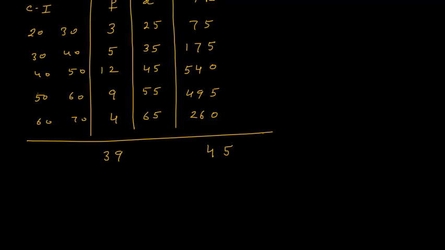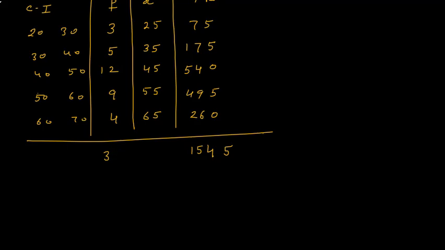Okay, now the frequency once again, let us cross check. 3 plus 5 is 8, 8 plus 12 is 20, 20 plus 9 is 29, 29 plus 4 is 33.